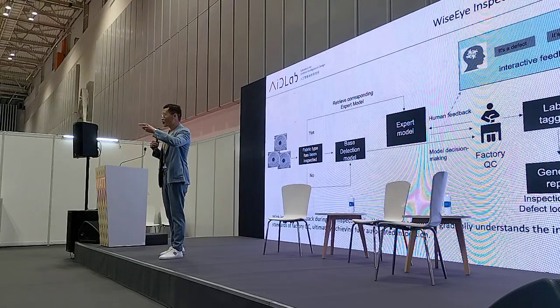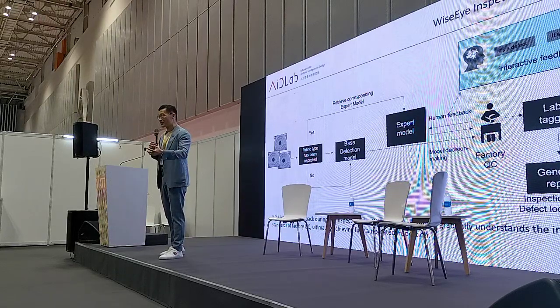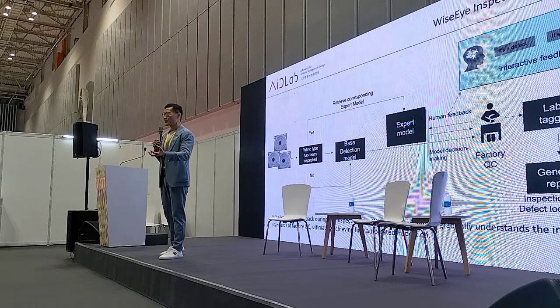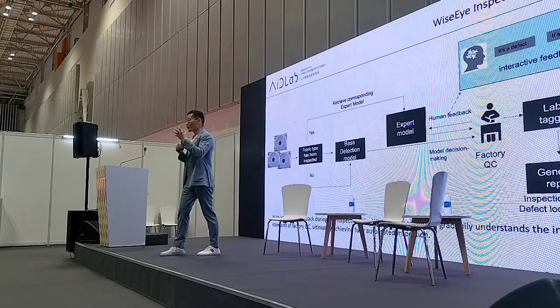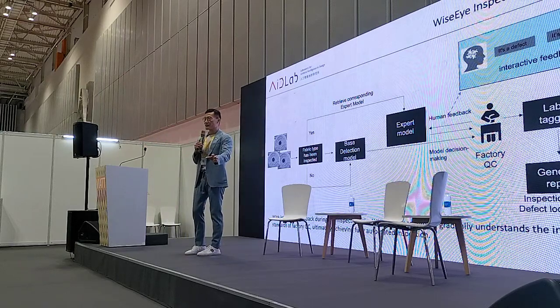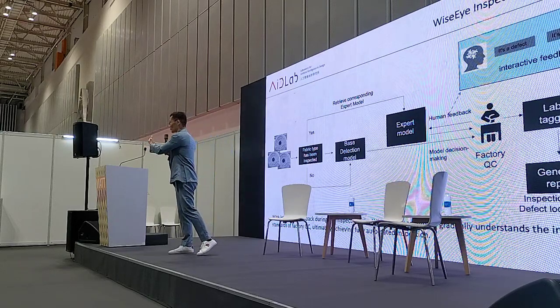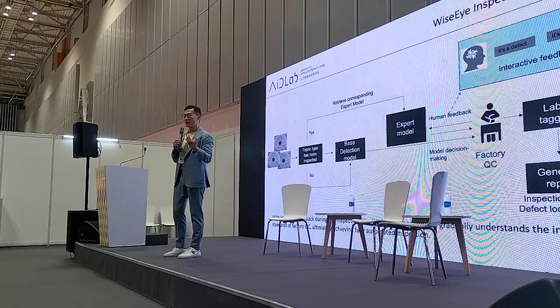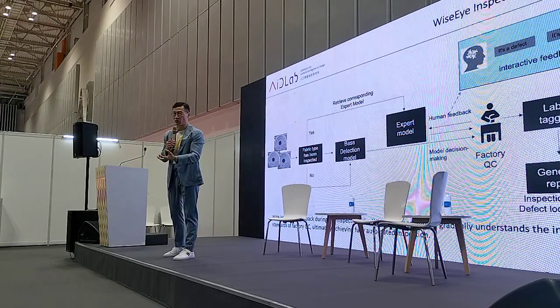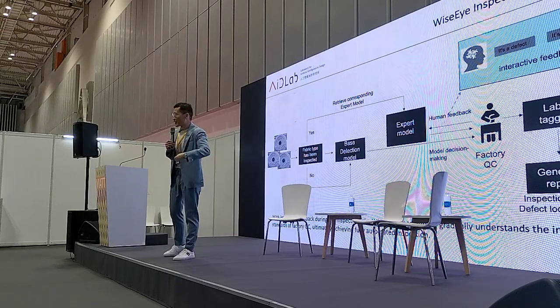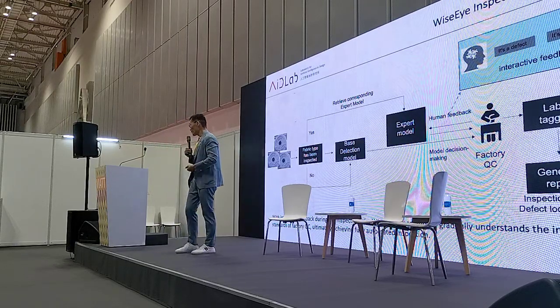And then based on this process, our AI model can adjust, can learn your standard. And then maybe after a few batches, we can totally understand your standard for that kind of fabric. And next time when the same batch of fabric comes to the factory, we can use that specific AI model to inspect this fabric roll.